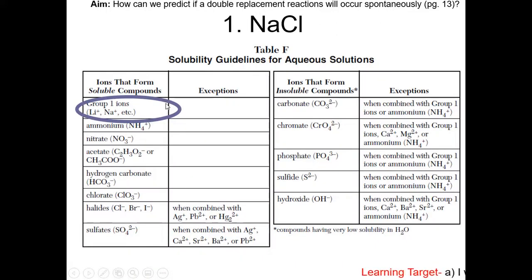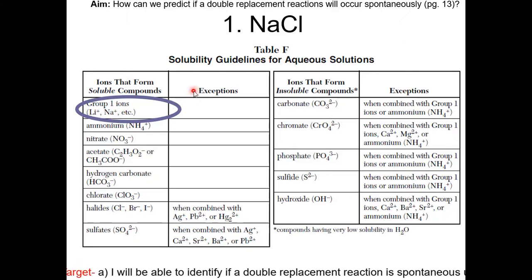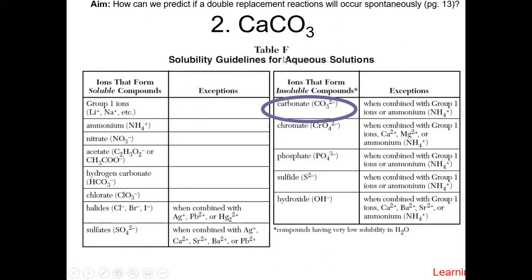Let's do a couple examples on how to read Table F. Here we have NaCl, so you notice it has a sodium ion, so we look at this table over here for group 1 ions. Notice there's no exceptions, so every compound with sodium ions is soluble. Let's look at another example. Here we have calcium carbonate. By looking at Table F, we're going to look at the second table because it has carbonate ions.